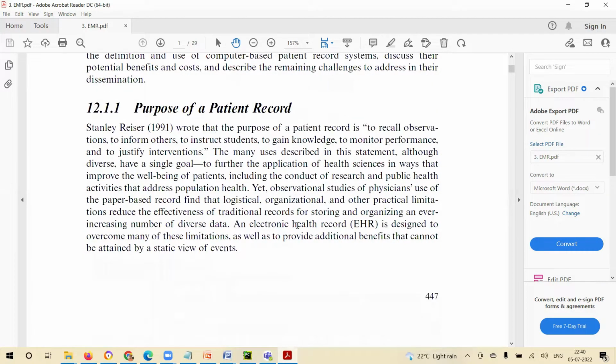Many times, in a court of law, let's say for some reason you have to go to court, or let's say your insurance company is not paying you money, right?